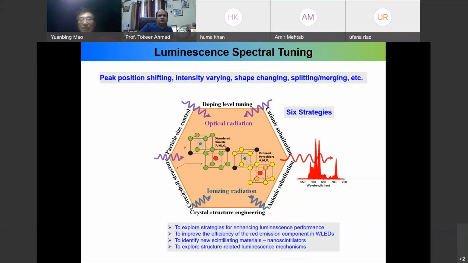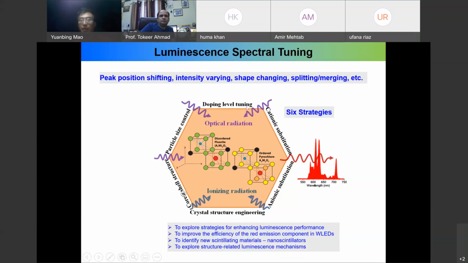Here I list 6 strategies; there are other terms to describe this, but more or less they are quite similar. I will start with the particle size control, particle size tuning, because we are talking about nanomaterials. That's something we can do, and it will change the luminescence spectrum.